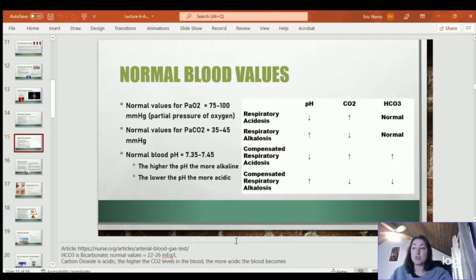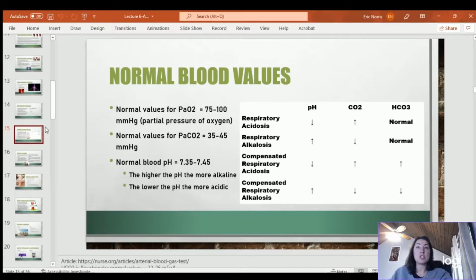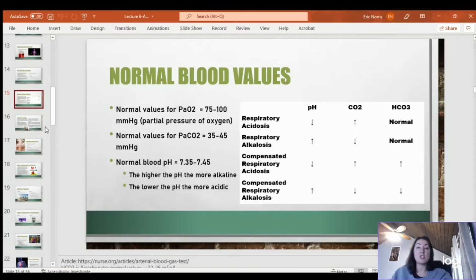So if you're just exercising too much or you're just holding your breath too much and your blood pH is just starting to be thrown off, the pH values and the carbon dioxide in the blood will change, but the bicarbonate will not change. Over time, if you continue to have that same issue, the bicarbonate will be either stimulated to release more or less in order to compensate and normalize the blood pH, even though your breathing is still not normalized.